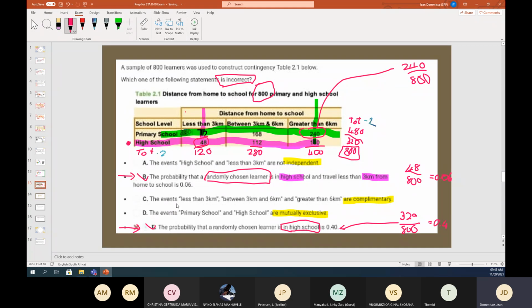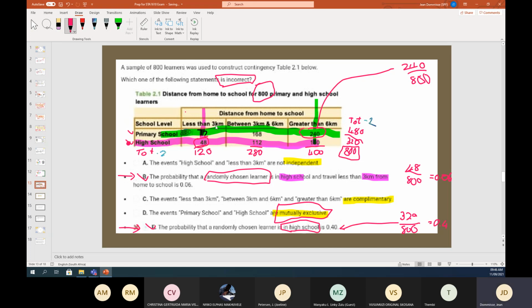Okay, let's look at mutually exclusivity. Mutually exclusive events means that only one of them can happen. So are the events primary school and high school mutually exclusive? Yes, because you can't be in primary school and in high school. You can only be in one of them.